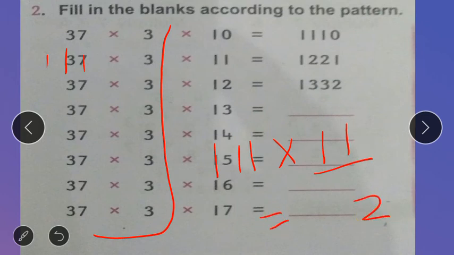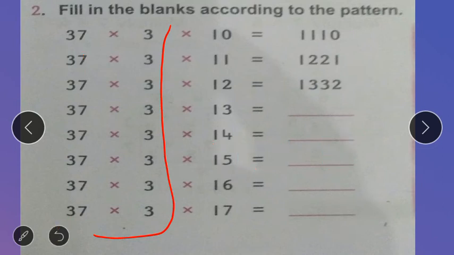Your side numbers, that is 1 1. So what you have to do? You have to repeat the middle number. Clear? So here 1, here 1 plus 2, 3, that you have to repeat. And here this side, the number is increasing, like 0 1 2 3 4 5 6 7 8 9. So what pattern have you got here?